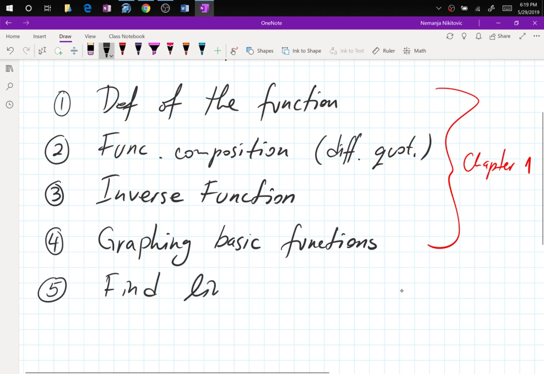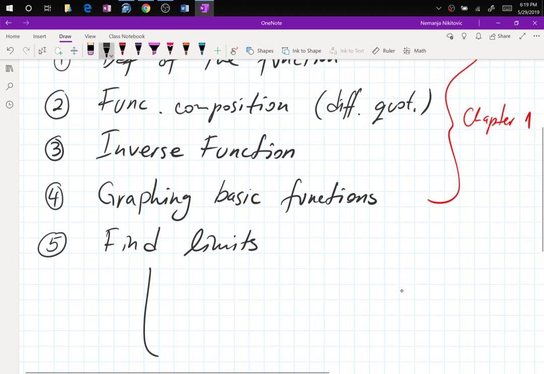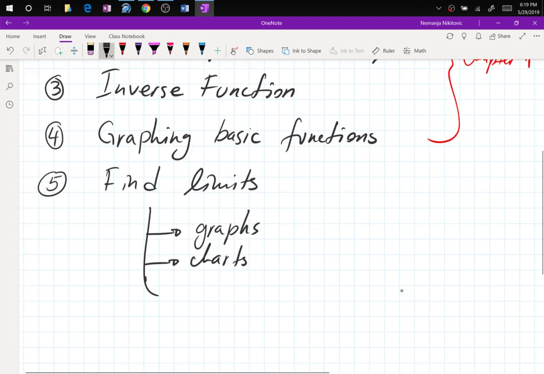Find limits, and that breaks down into a few categories: graphs, charts, plug-in, algebra. So all different ways that you learned.